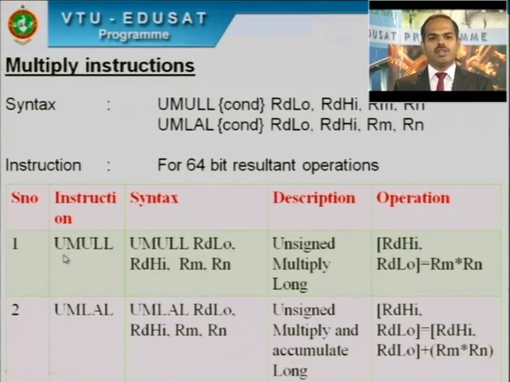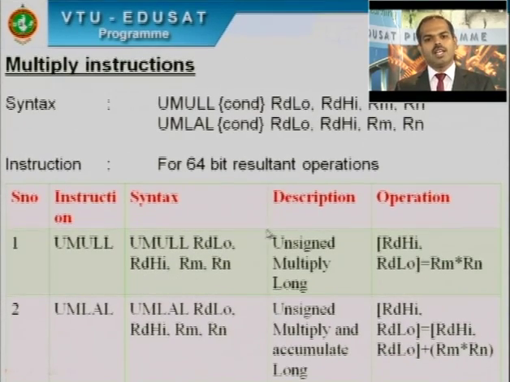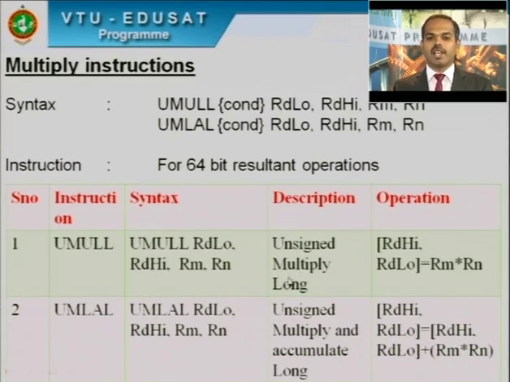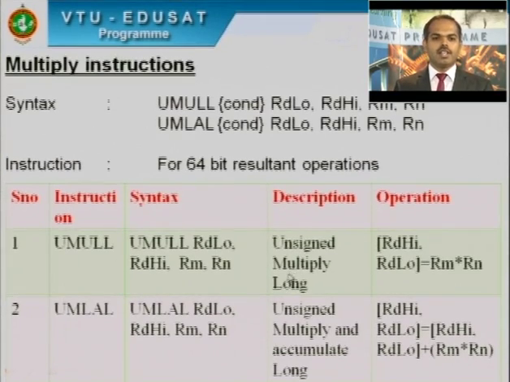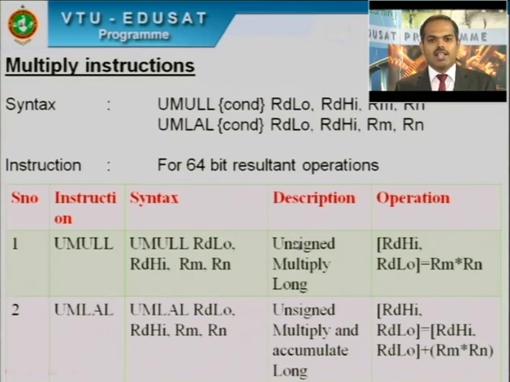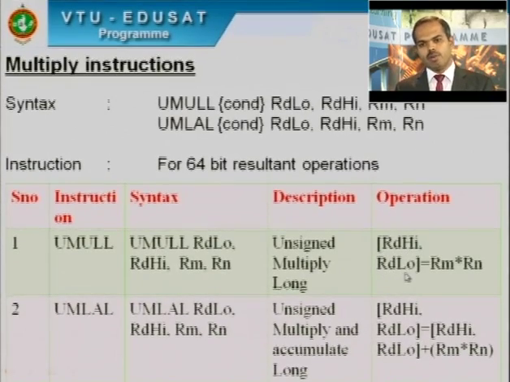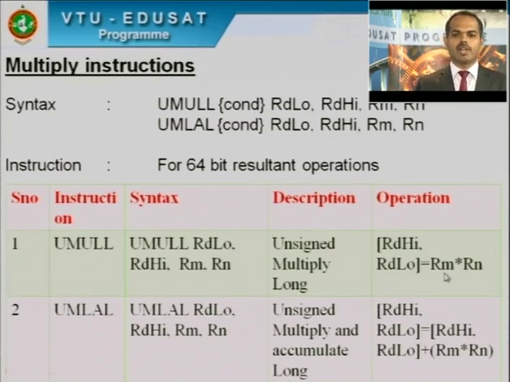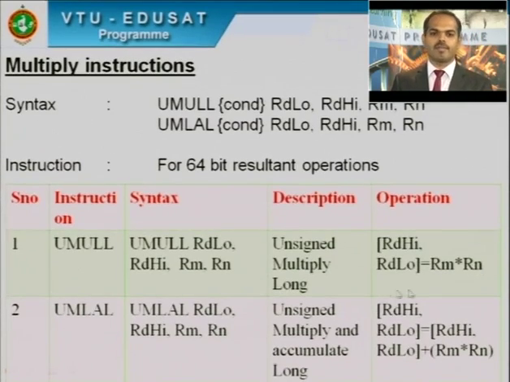The instruction UMULL has the same syntax as shown here: UMULL RDLO, RDHI, RM, RN. Please note this: the description for UMULL is unsigned multiply long. The operation here is that RDHI, RDLO holds the result of multiplication between RM and RN.